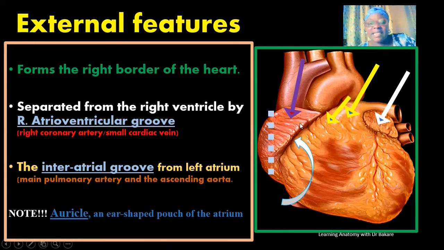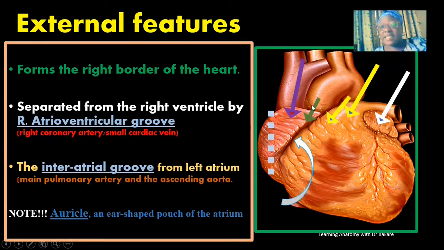The auricle is an ear-shaped pouch that is seen at the external surface of the atrium, and this is called the auricle, arrowed in green. This out-pouch called the auricle will increase the volume of the right atrium because more space will be created for deoxygenated blood to be emptied into.